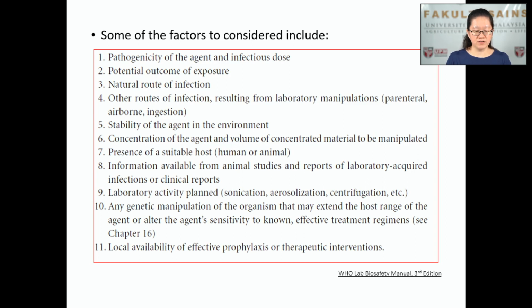And last but not least, local availability of effective prophylaxis and therapeutic interventions. So these are some of the factors that must be considered when assessing risk.